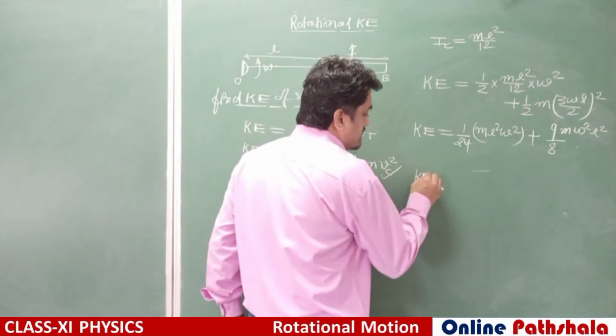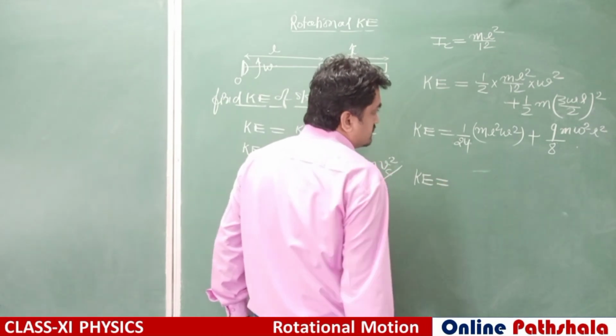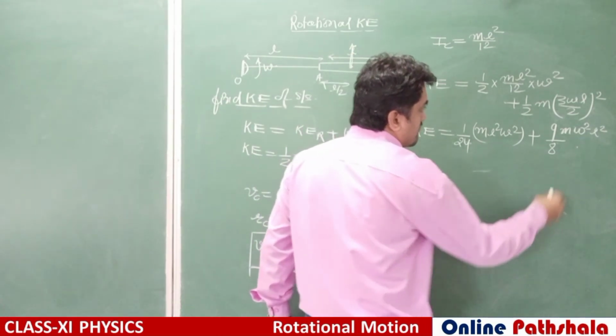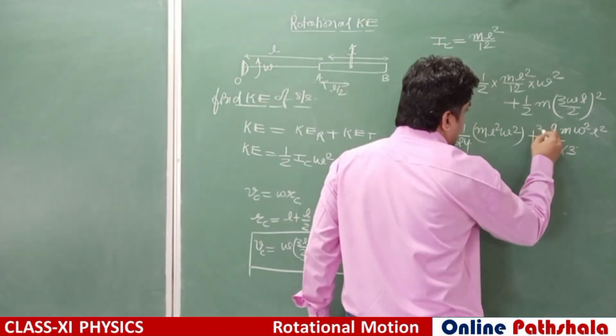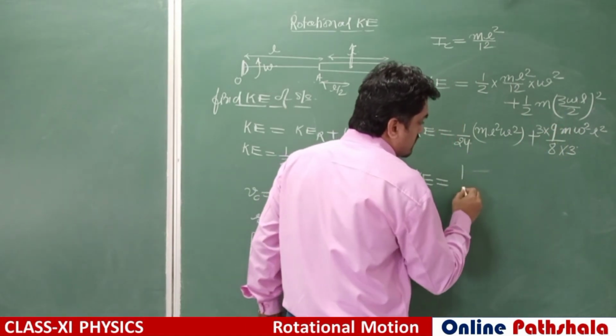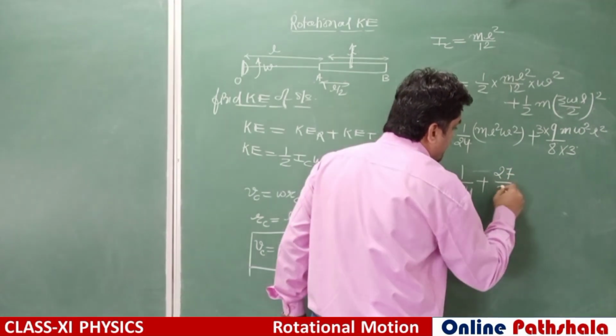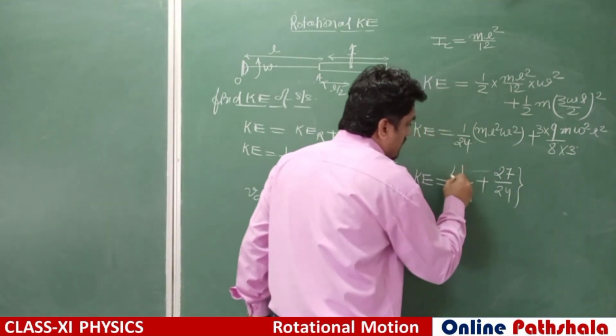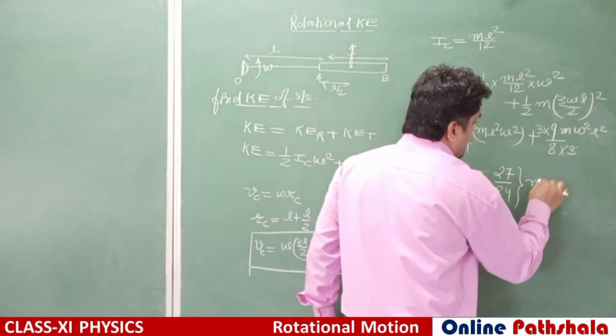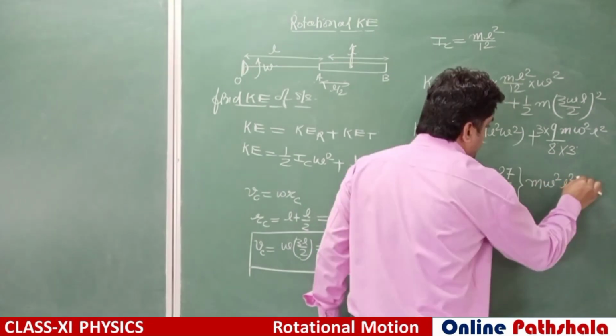Now we can solve it. This 8 we can multiply by 3 and 3, so 1 by 24 plus 27 divided by 24. m as it is, omega as it is, L square as it is.